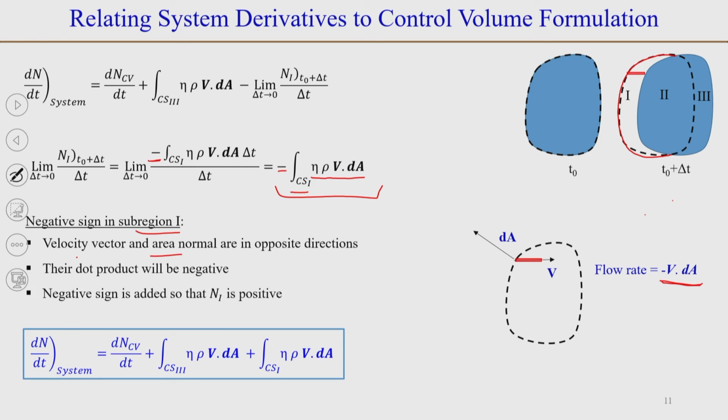So, if we substitute all this, our equation becomes: the rate of change of N inside the system is equal to the rate of change of N inside the control volume, plus the flow through control surface CS 3, the intersection of the control volume and region 3, eta rho V dot dA, plus the integral over control surface 1 of eta rho V dot dA through control surface 1.